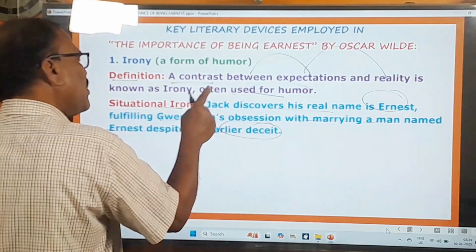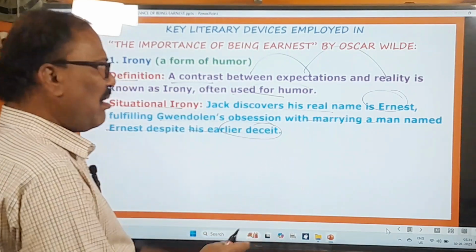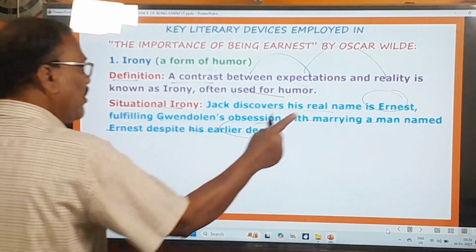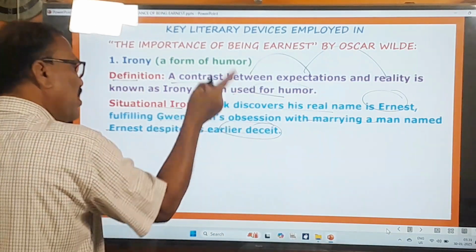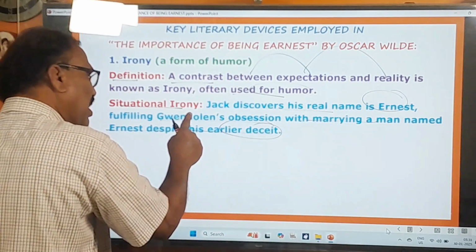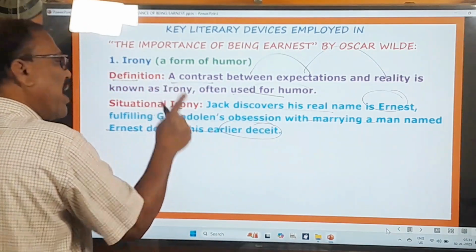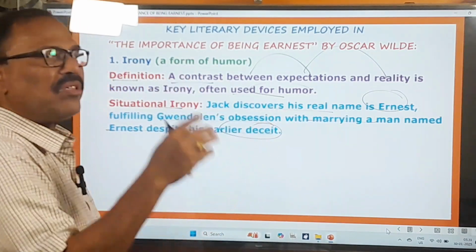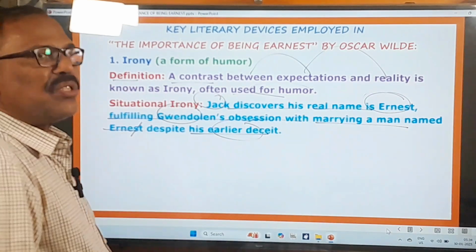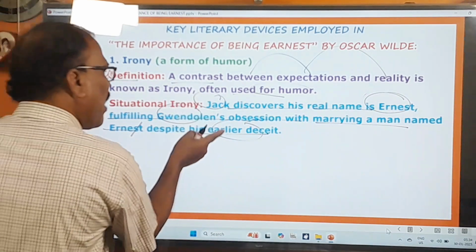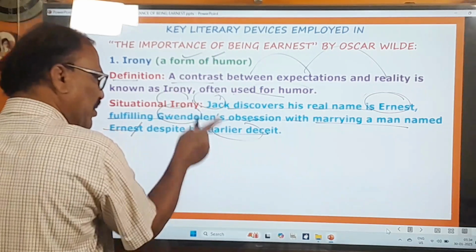Earlier Jock was called only Jock, but later his name was said to be Ernest. Gwendolen, whom Jock loves, is very much obsessed with this name, because she wants to marry only a person whose name is Ernest. This is therefore called situational irony, and through this some kind of humor is generated.